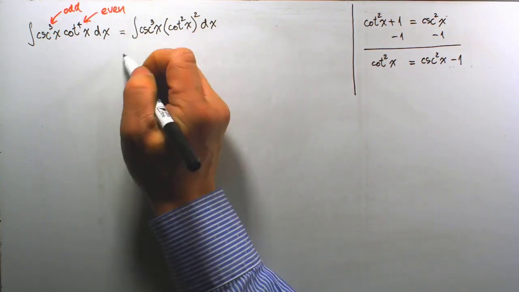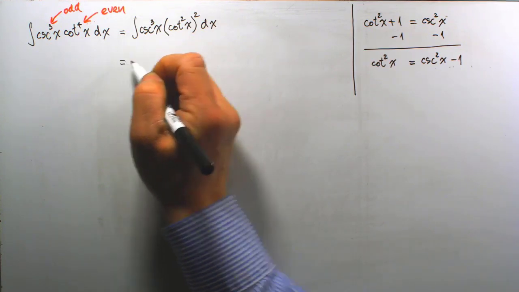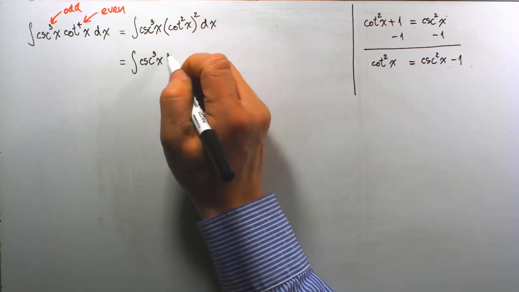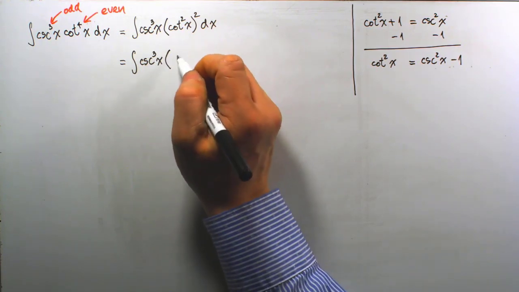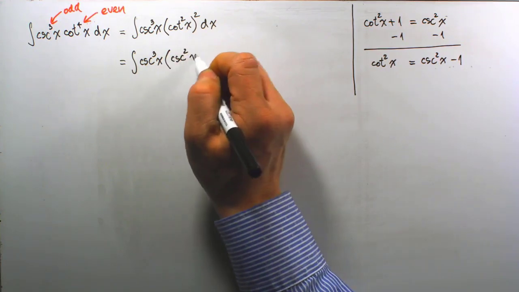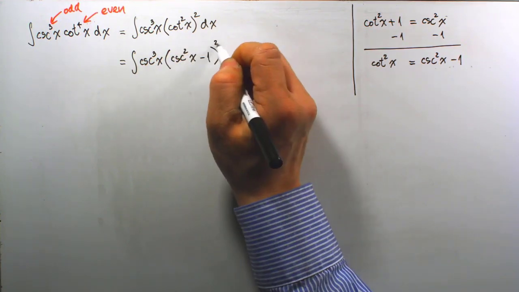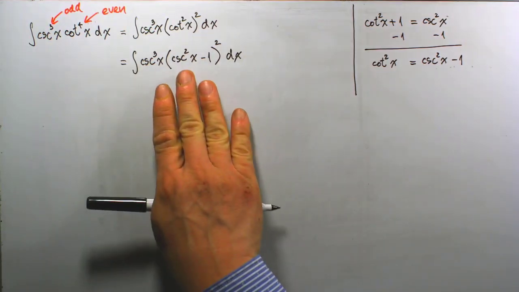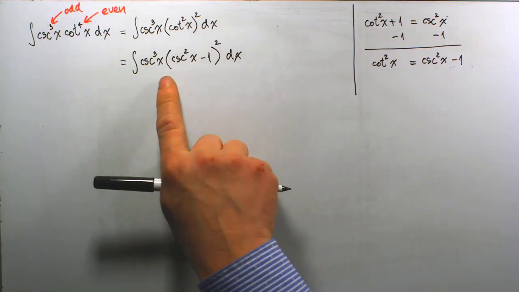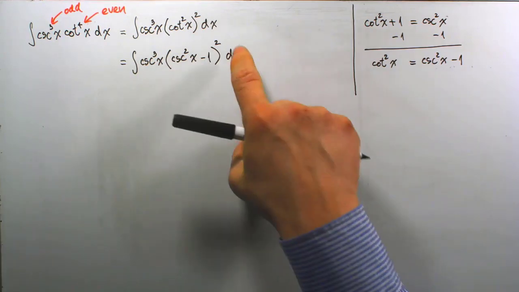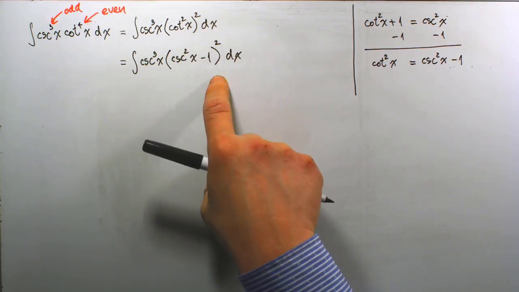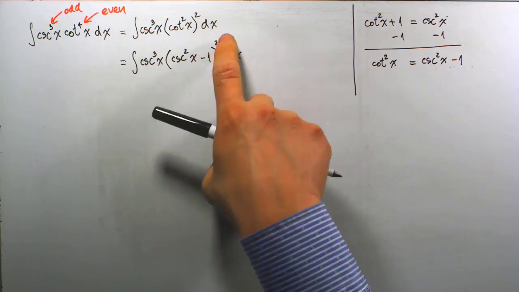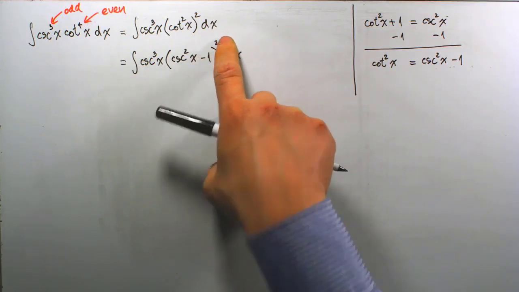And so in my next step, I can produce an integral of cosecant cube of x multiplied with, in parentheses, cosecant square of x minus 1, all squared, with a dx. And so now we have turned our integral into something completely in terms of the cosecant. As instructed from the general guideline given previously, let's go ahead and FOIL out this high power, this perfect square right here.